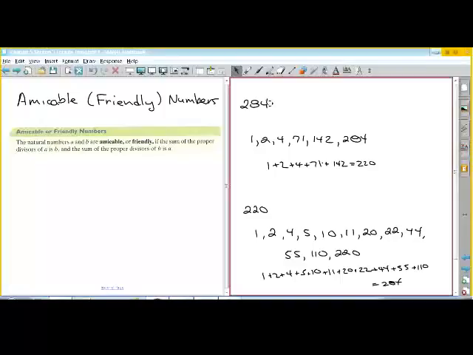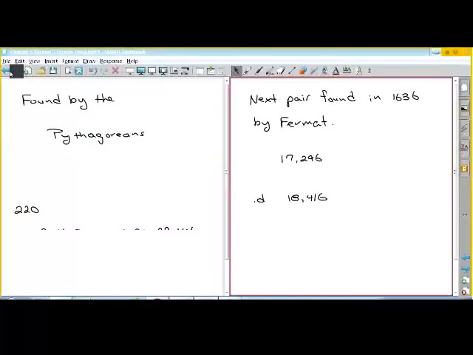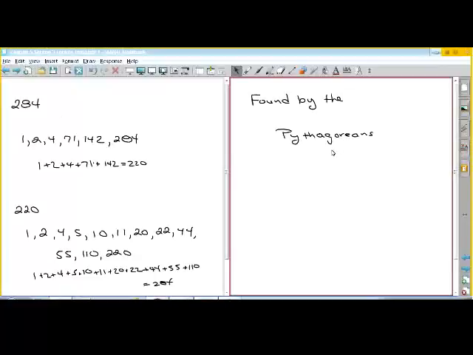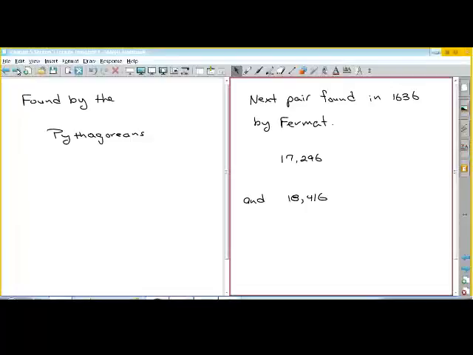This 284 would be deficient because the sum of these numbers is less than 284, whereas 220 would be abundant because the sum of all these numbers except 220 is more than 220. So this is deficient, this is abundant, and these two numbers are friendly numbers because of that fact. Again, there's no practical reason. This was actually determined by the Pythagoreans, the same people that determined the Pythagorean theorem.